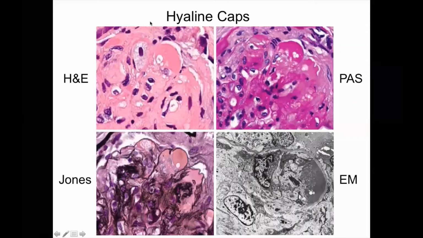So on H&E بتشوفون expansion of the mesangium and this kind of like nodular sclerosis or nodular expansion within the glomeruli. وبتشوفونه إنه PAS positive, and it is positive for Jones أو silver stain بيكون عندكم black. And then على electron microscope, you will see that we have thickening of the glomerular basement membrane.